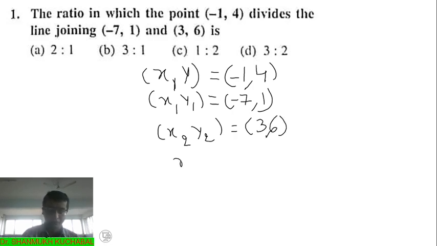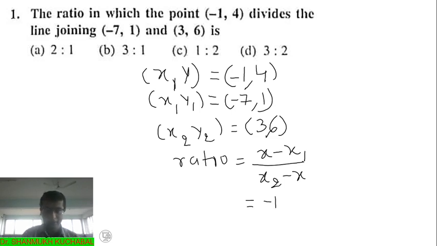The ratio is given by the formula (x minus x1) divided by (x2 minus x). So x minus x1 is -1 minus (-7), plus 7, divided by x2 minus x, which is 3 minus (-1), plus 1, so we get 6 by 4.